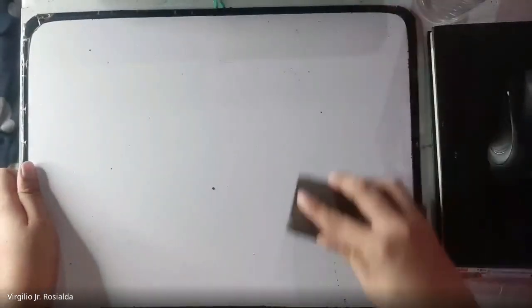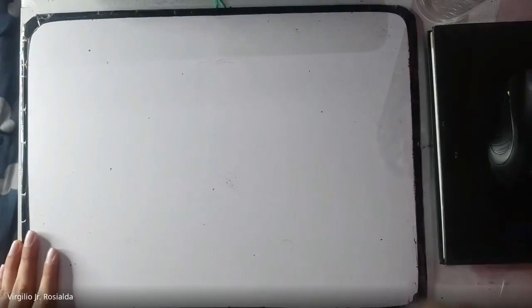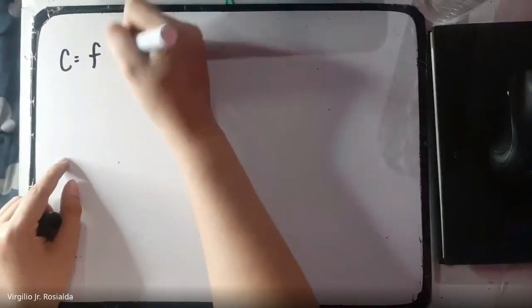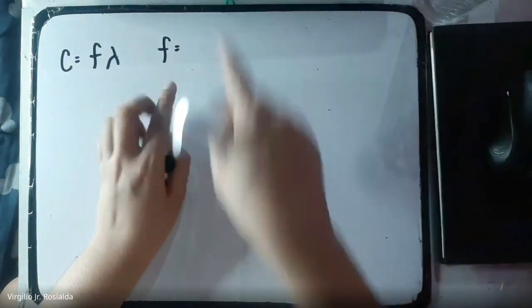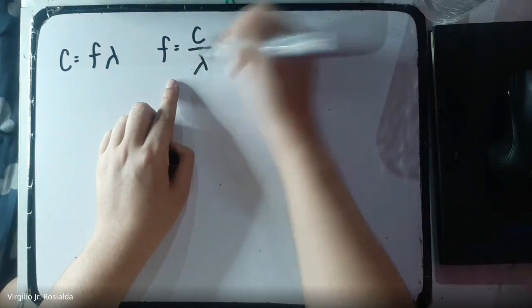So that's how we get our frequency. Sige, sulat natin the first equation that we have. Okay, we have here speed is equal to frequency times lambda. Okay, the second one is frequency. Pag nawawala ang frequency, ito ang formula: C divided by lambda.